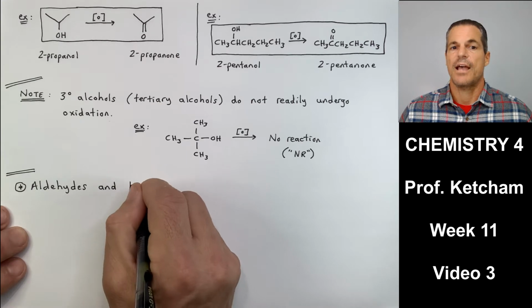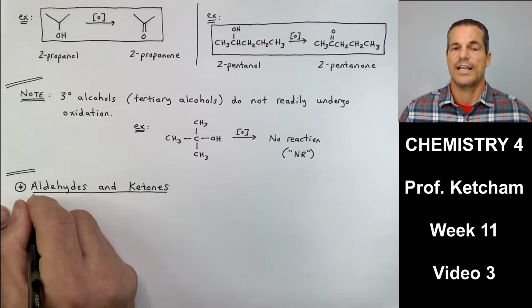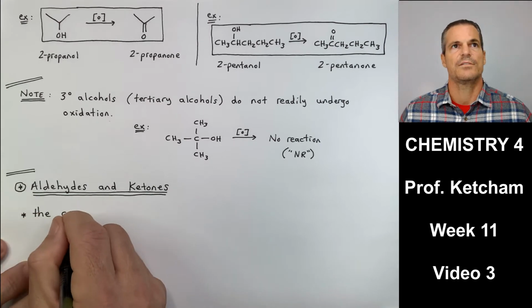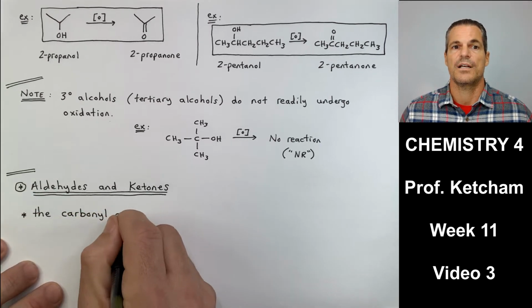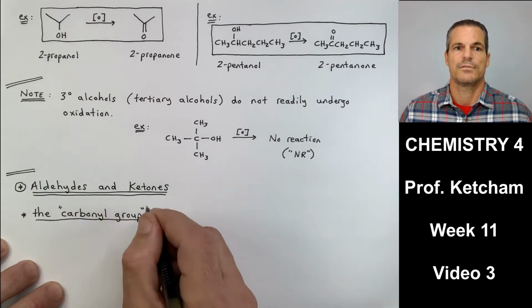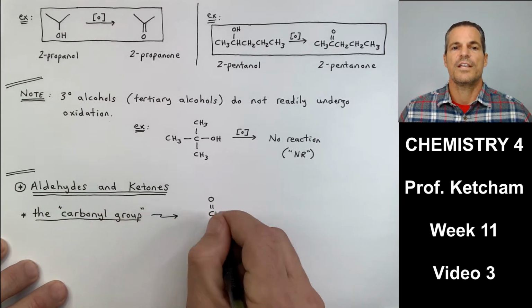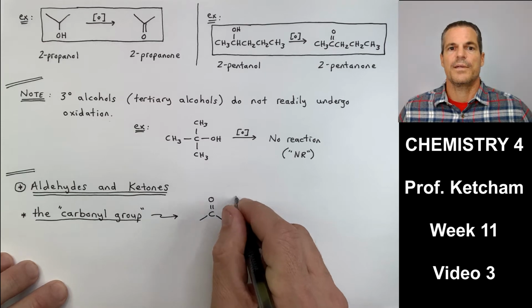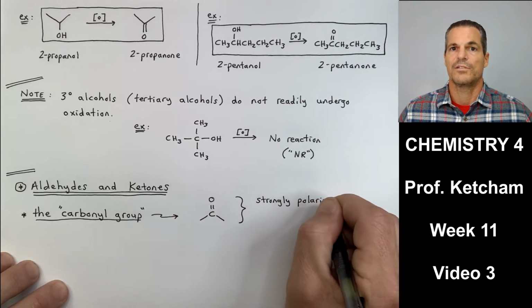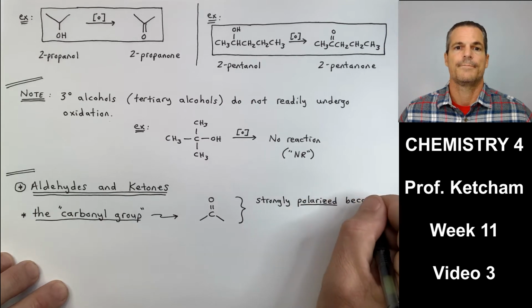All right, now let's talk about aldehydes and ketones. Alkanes are done, alkenes are done, alkynes are done, aromatic compounds are done, alcohols are done. Now we're focusing on aldehydes and ketones. In general, the carbonyl group is a C double bond O, and then it varies on what the two attachments are to the carbon.